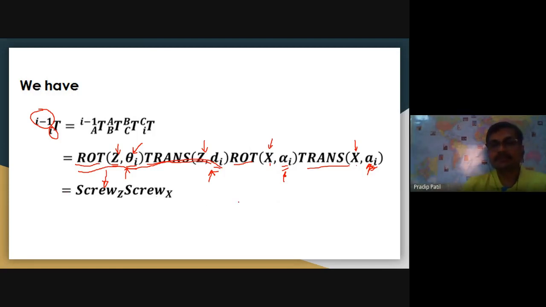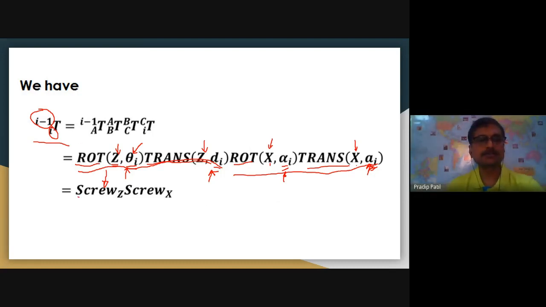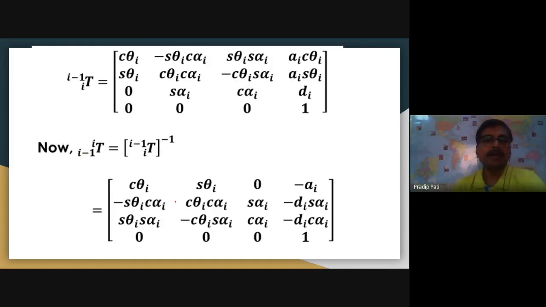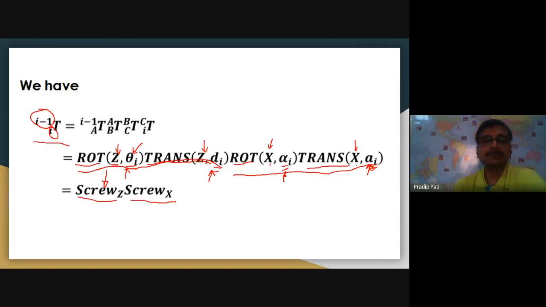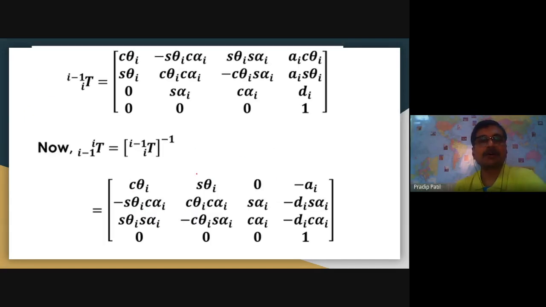Similarly, the next one is rotation and translation about the x-axis: rotation x, translation x. So I define any transformation from one axis to another by screw z into screw x. That will define the complete transformation. If you multiply all these matrices, you will come across a composite matrix like this. We will learn that in a following session.